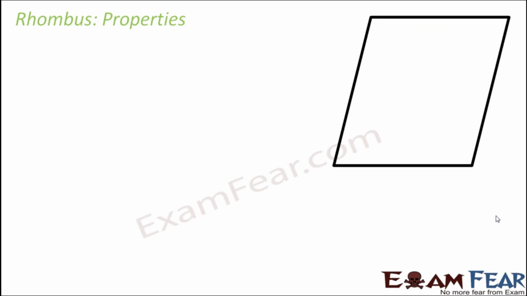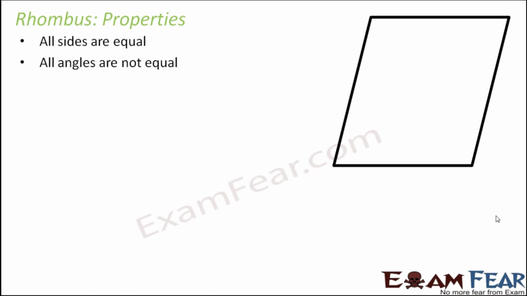Now let us talk about the last type of special parallelogram, which is a rhombus. Now in a rhombus, when it comes to the properties, all sides are equal, but all angles are not equal. So in a way it is similar to a square, and in a way it's not similar to a square.